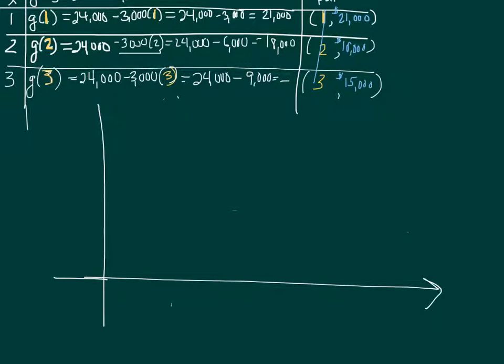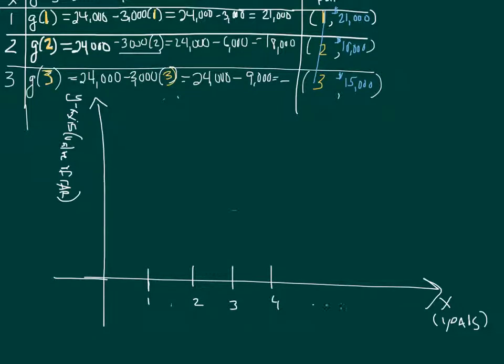My x-axis is years, and my y-axis, or my g of x, represents the value of the car.